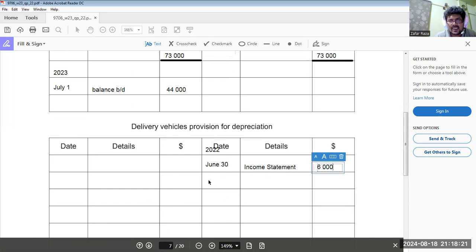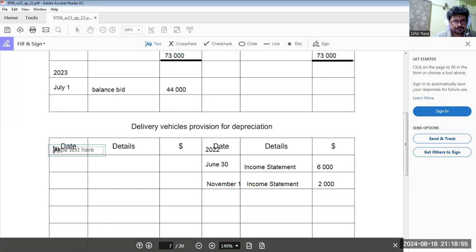And because we are selling it on November 1st, we will include the depreciation for 4 months. That is how much? Again, 2,000. Got it? November 1st, because we are selling it. Now, because we use month-to-month convention, which is fine.